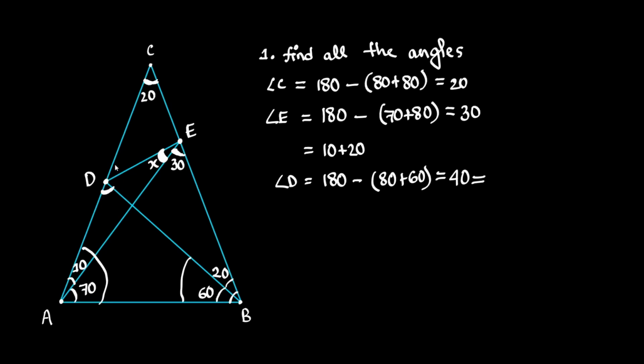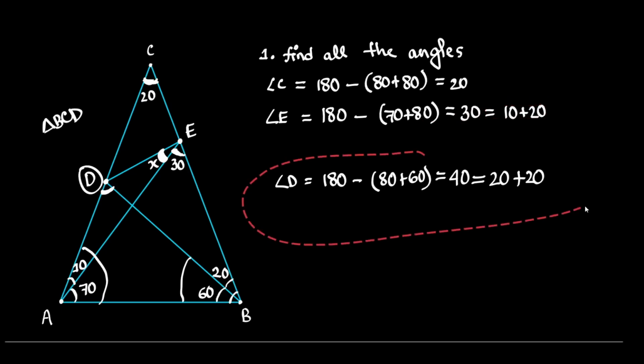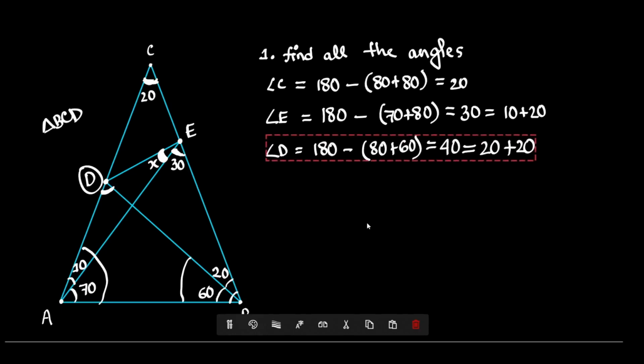If we see carefully, in triangle BCD, D is the exterior angle, which is the summation of the other two interior angles C and B. That also gives us 40. So, can we find any other angle from here? Can we find it?